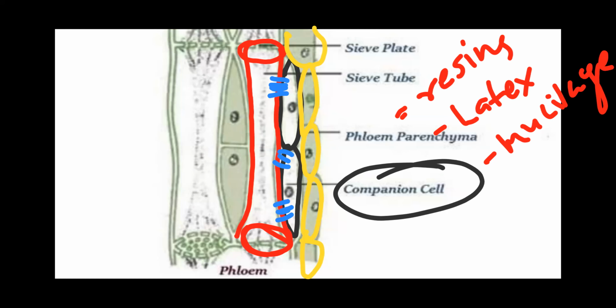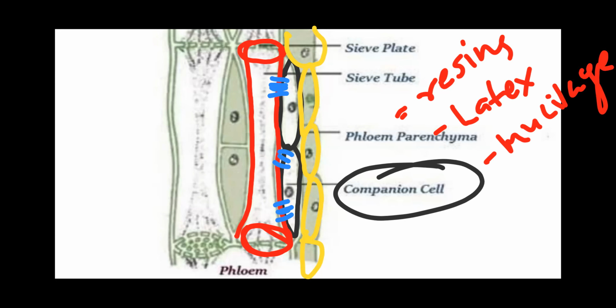They normally store materials such as resin, mucilage, latex, etc. Normally they are found in the angiospermic phloem, but in dicots, not in monocots.